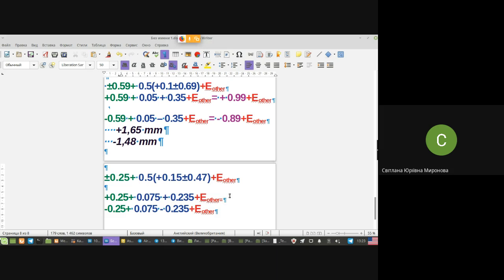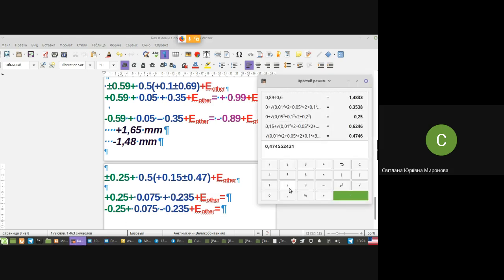Equal to... What is equal to? Let's use calculator. Considering how great I am in making mistakes, better use calculator.